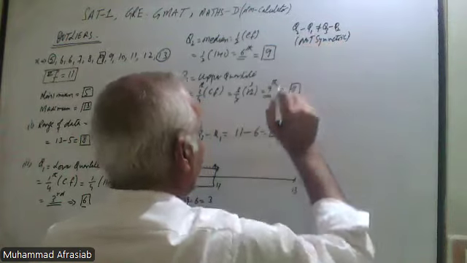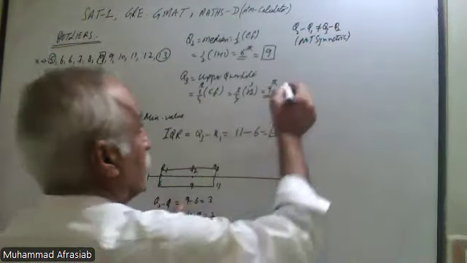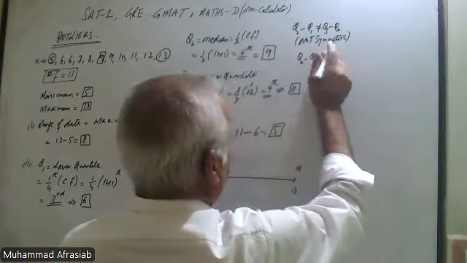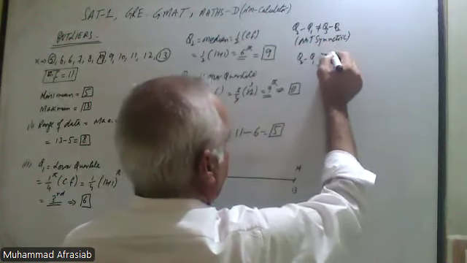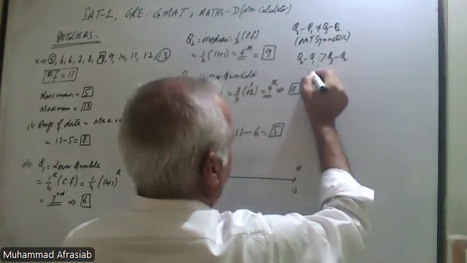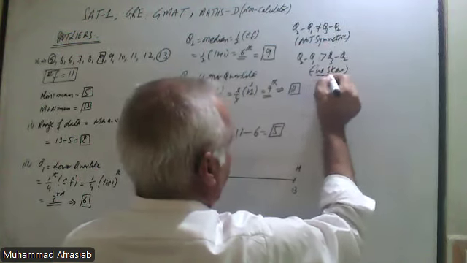Q2 minus Q1 is greater than Q3 minus Q2, so that is called negative skew, which we have added here.